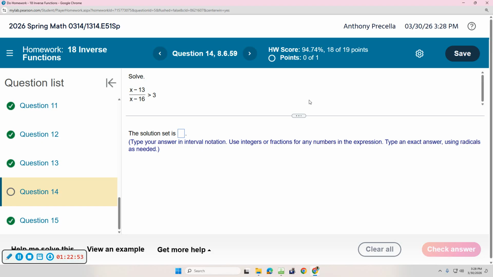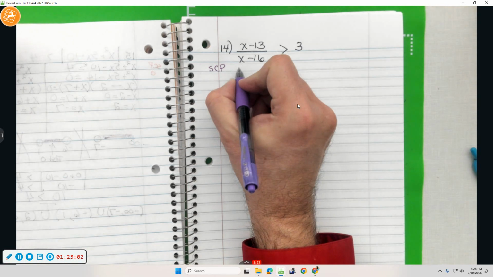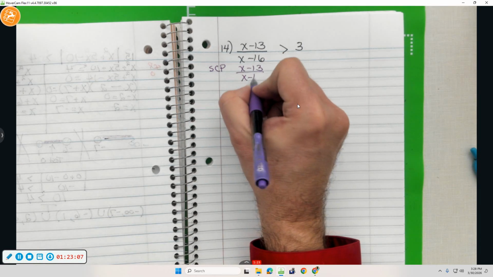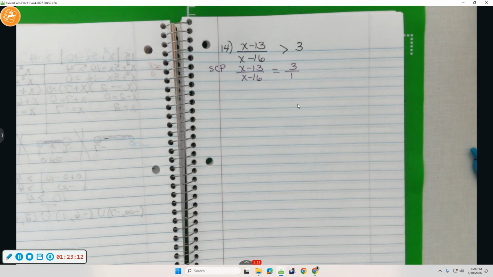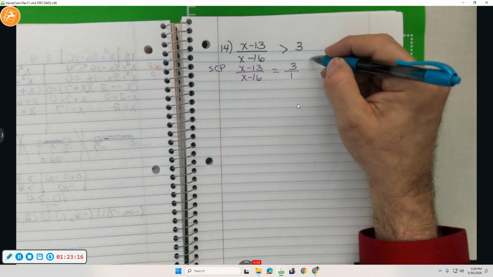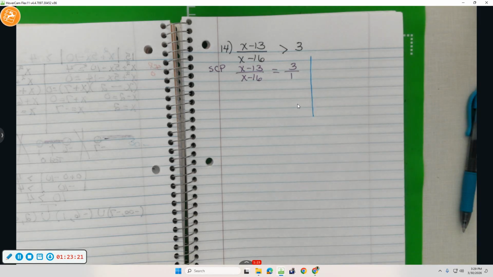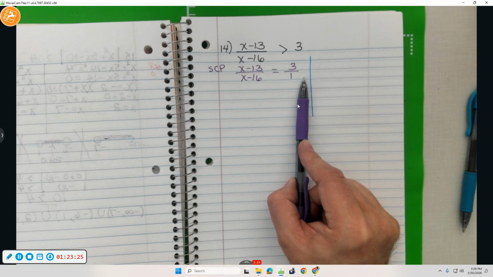With the solution cut point, you're solving the solution, which means set it equal, and I'm going to solve this just by cross multiplying. I set it up as a proportion, setting it as 3 over 1.